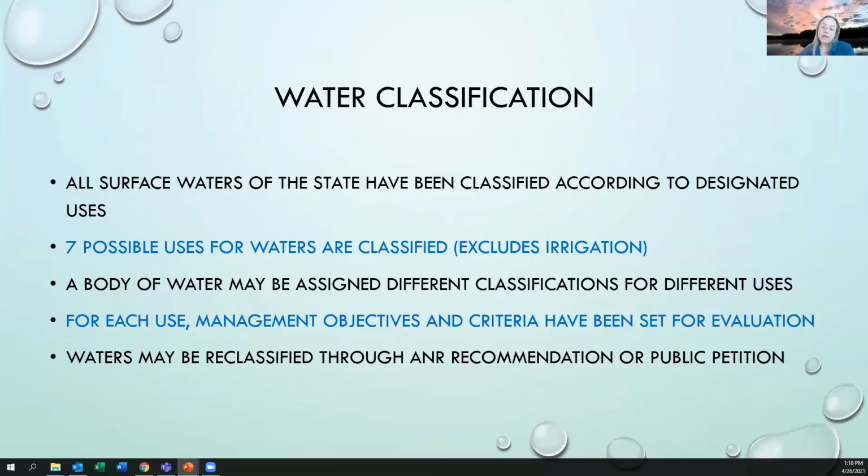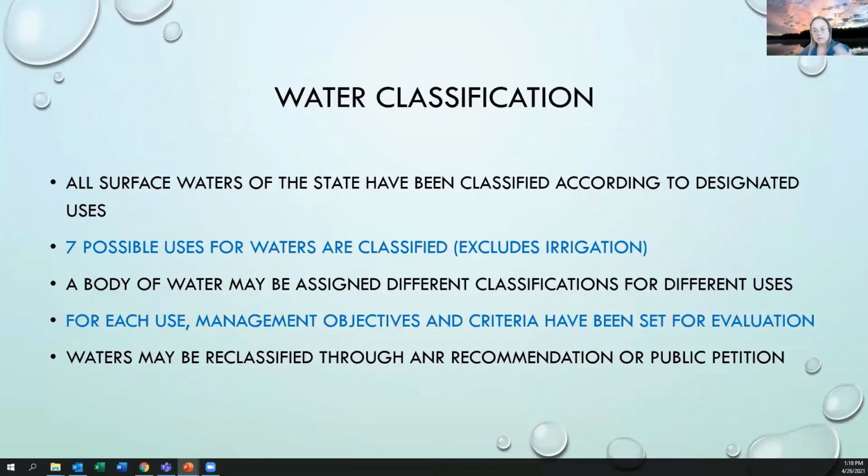So any particular body of water, a piece of the Saxtons or a tributary or a lake or a pond, can be designated for one or more of those designated uses. It could be swimming and boating. It could be swimming and drinking water, or it could be all 7 of them. It could be just one.